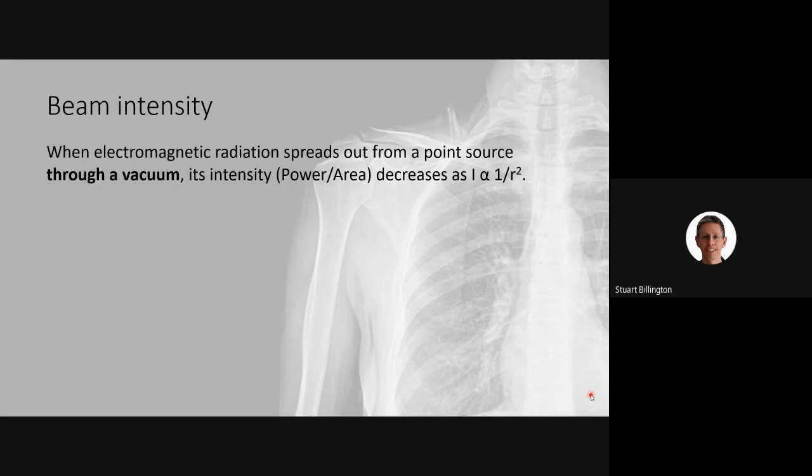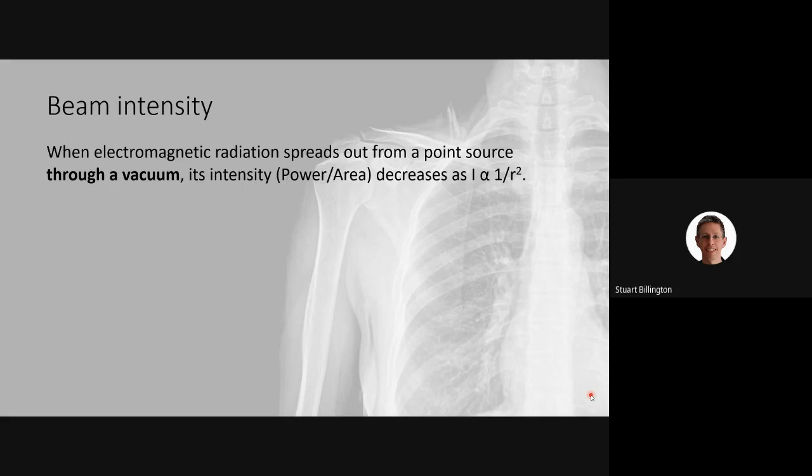Okay, so we've already met this idea in the waves topic. We met in the waves topic that a point source would radiate energy uniformly in all directions, and that energy would spread out from the source on the surface of an ever-expanding sphere. And therefore the intensity, which is the power per unit area, would go down as the area went up.